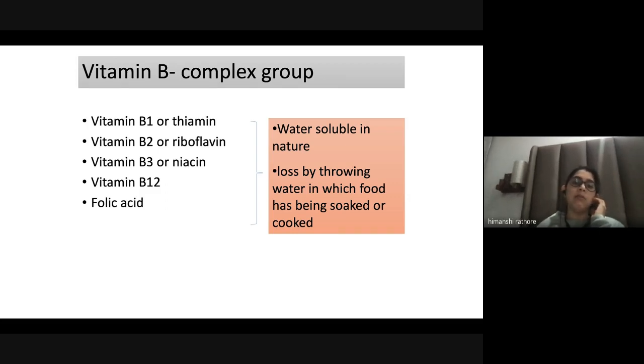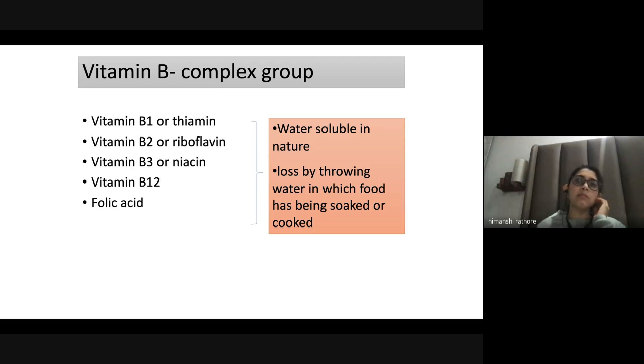Otherwise, if you soak them for a much longer time and if you cook them by boiling and frying, not steaming, sorry, boiling and frying, then most of the vitamin B leaches out into the water or it evaporates in the form of water droplets.